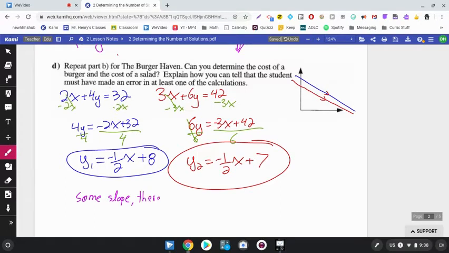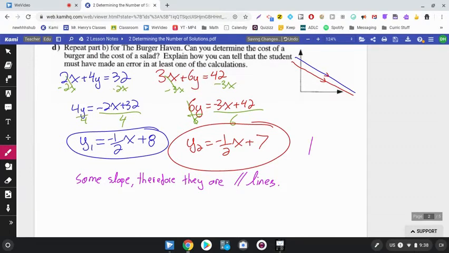Therefore, they are parallel lines. Okay. Parallel lines. And I know parallel lines never cross. So you would have no solutions. There is never going to be a moment where these share a point because they're parallel. They're never going to cross.